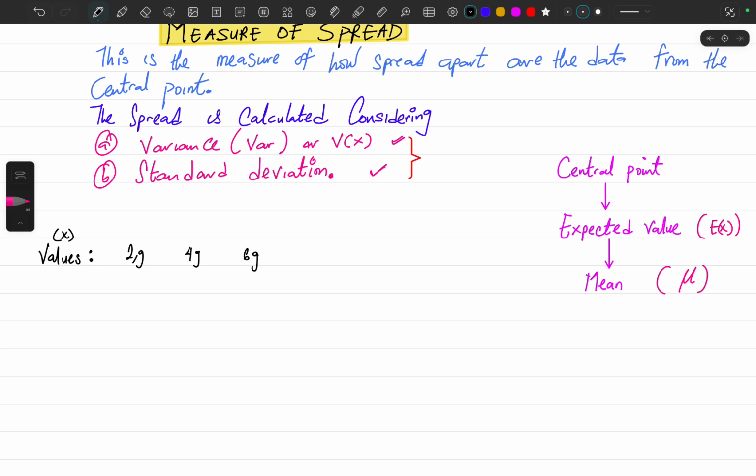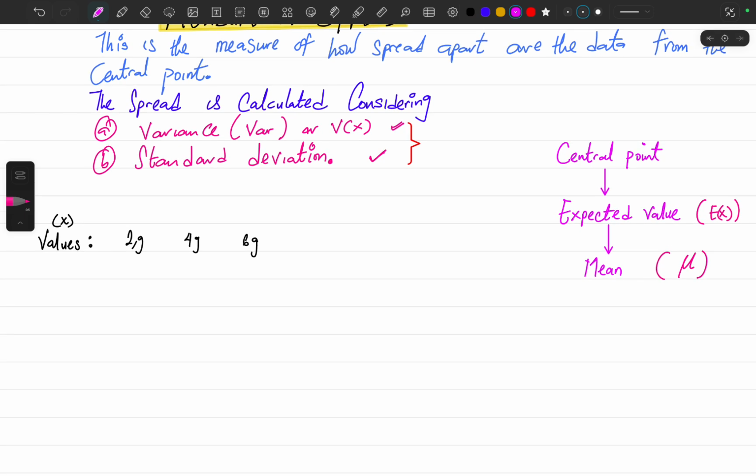Now what I want to do from here is find out the normal mean of these values. You will agree with me that the normal mean is so basic. All we have to do is say that the mean is going to be 2 plus 4 plus 6. You agree with me? Mean is the same thing as average.